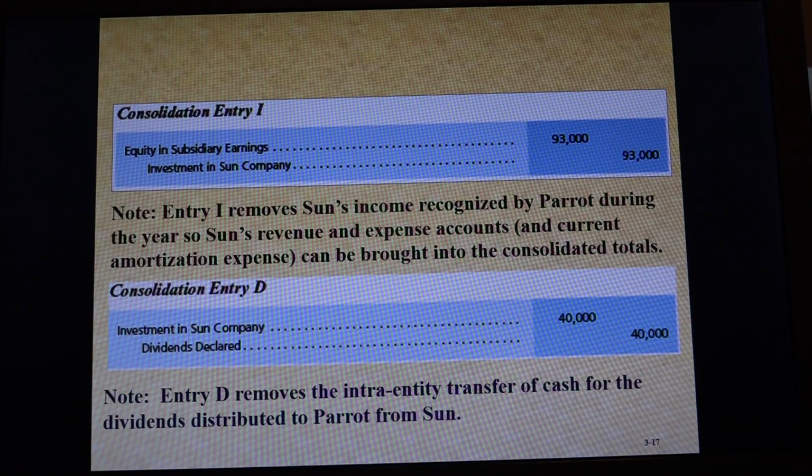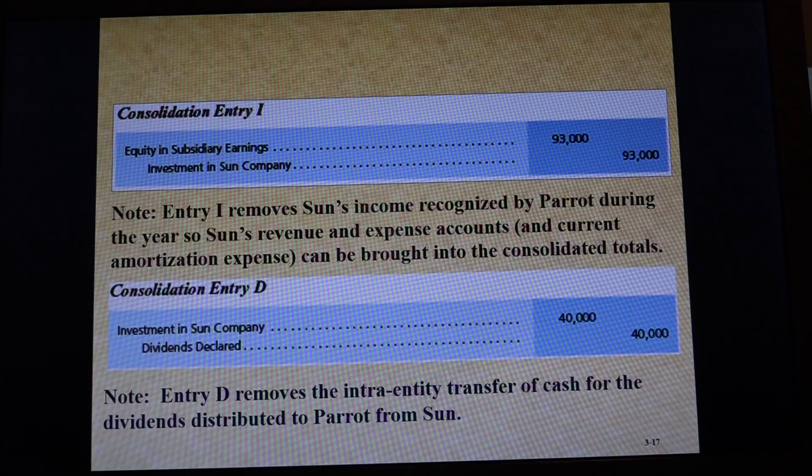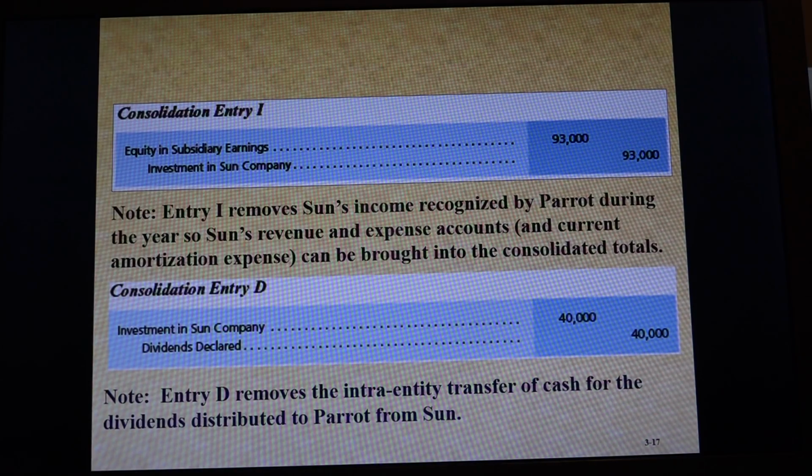And so note the amount they're including in consolidation entry I is the Sun's net income less the amortization. In this case, the net amortization was $7,000.